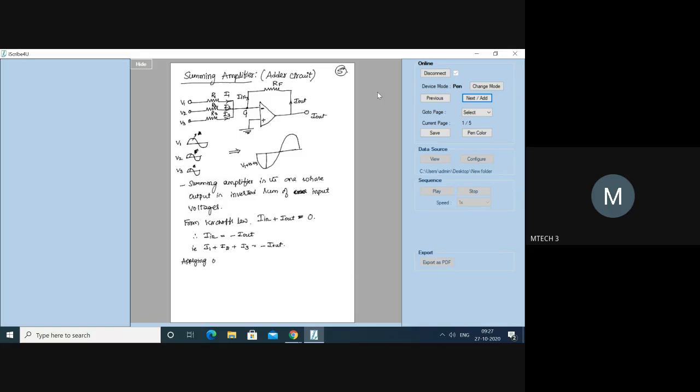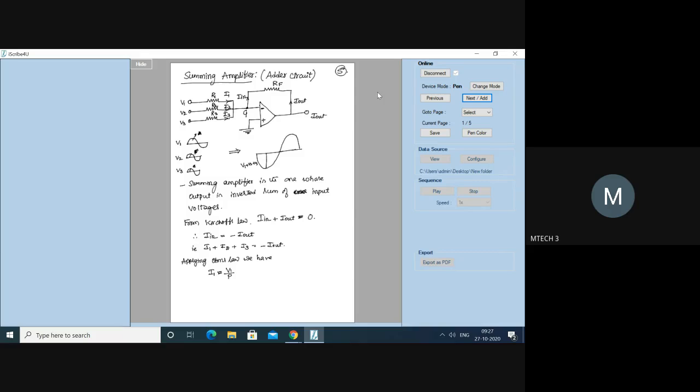Applying Ohm's law, we have I1 is equal to what, in terms of voltage and resistance? V1 by R1.